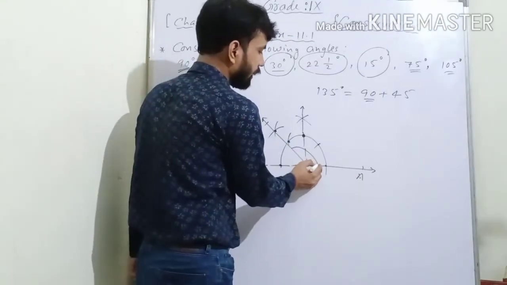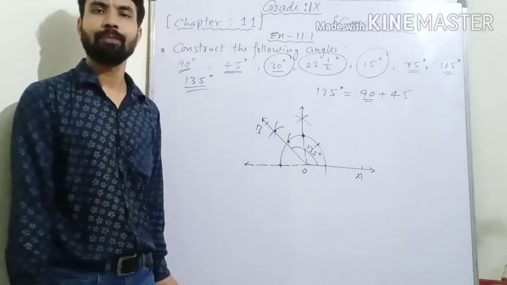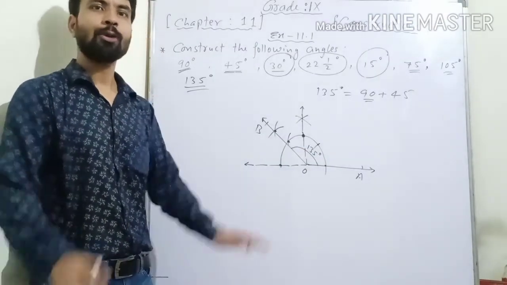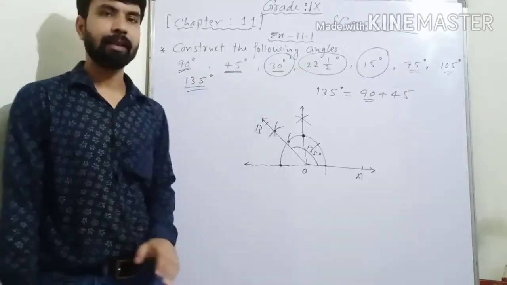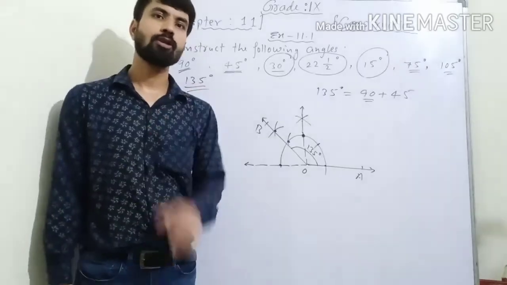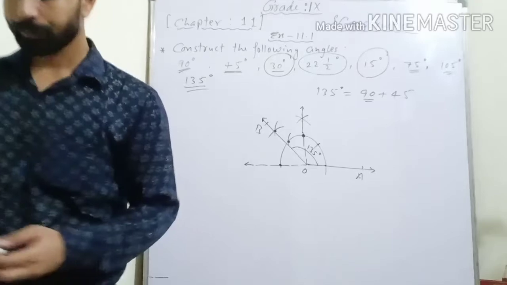BOA. This is of 135 degree. Clear? So here the construction of all these angles is completed. So students, pause your video and try to construct this angle. Understood?